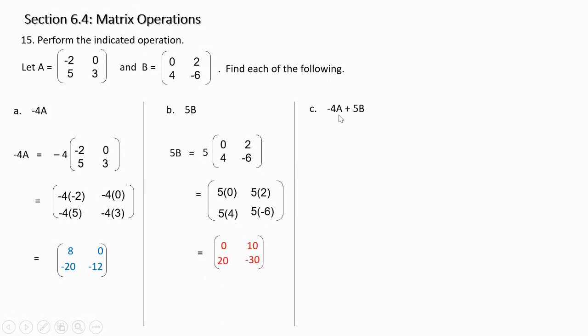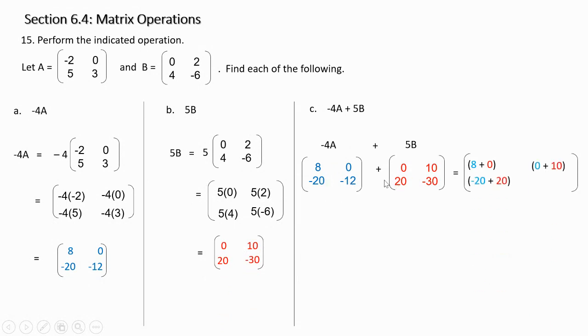So now they're doing negative 4A plus 5B, right? I already found negative 4A. I already found 5B. So let's do the operation. Negative 4A, I got it from part A, plus 5B, I got it from part B. So this is going to be 8 plus 0, 0 plus 10, negative 20 plus 20, and negative 12 plus negative 30.